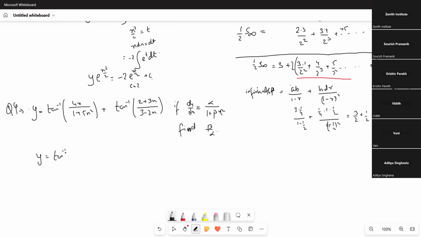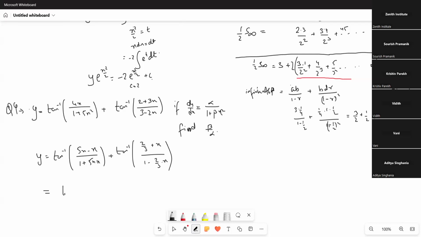So y equals tan inverse of (5x minus x) by (1 plus 5x into x) plus tan inverse of, divide by 3 in numerator and denominator, so (2 by 3 plus x) by (1 minus 2 by 3 into x).